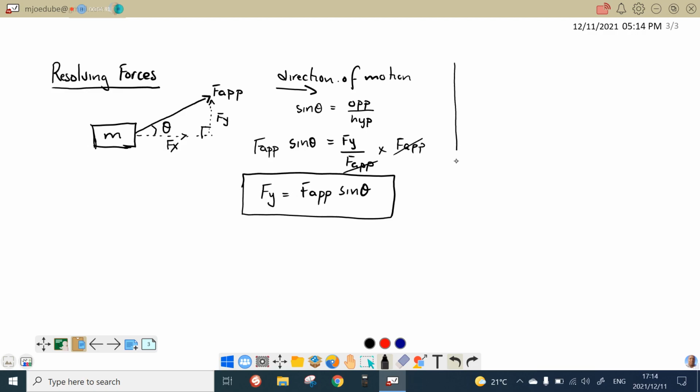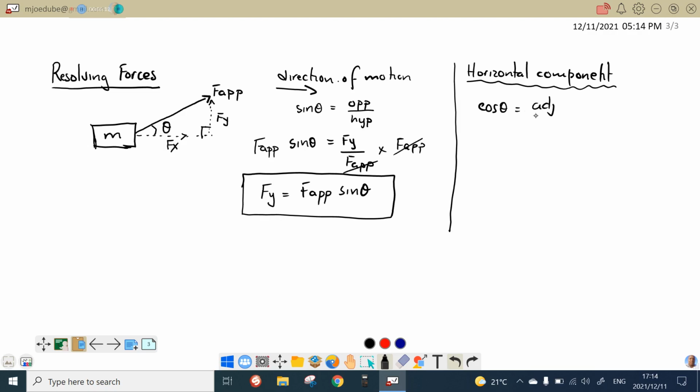Consequently, if we are going to calculate the horizontal component of the resultant force, we are going to say cos theta is equal to the adjacent side, adjacent to the angle, which is your Fx.